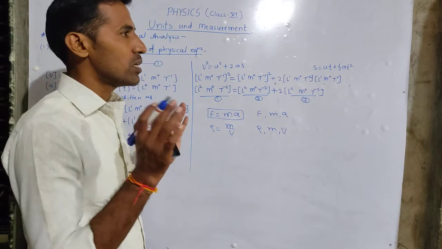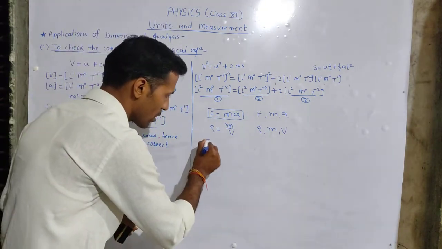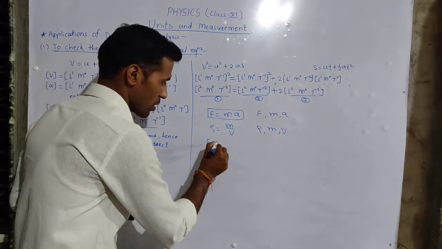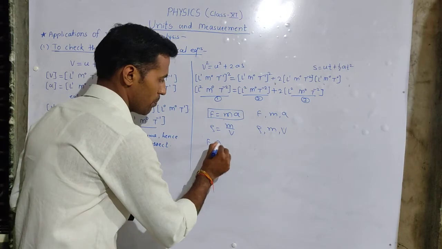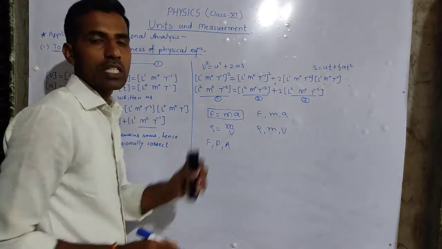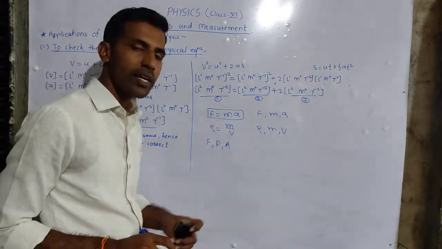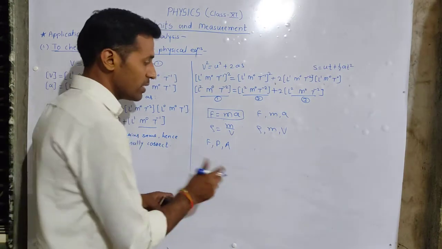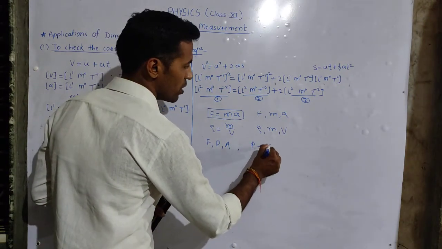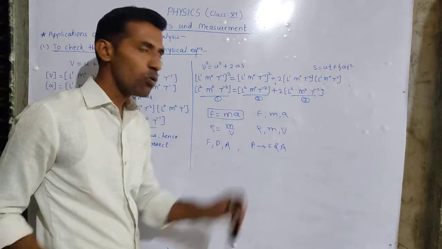Suppose some variables are given to you, like F, force, P, pressure, and A, the surface area. Now you are given three variables: force, pressure, and area. Here, this pressure P depends on force and area.